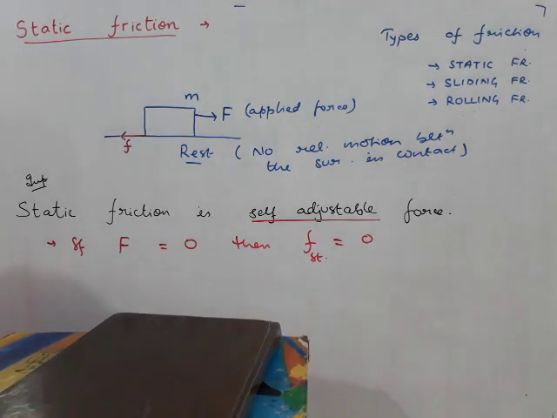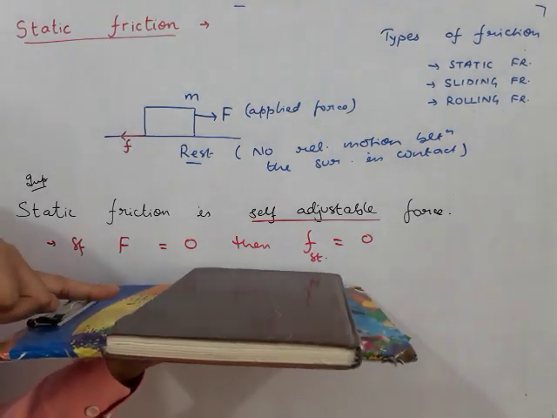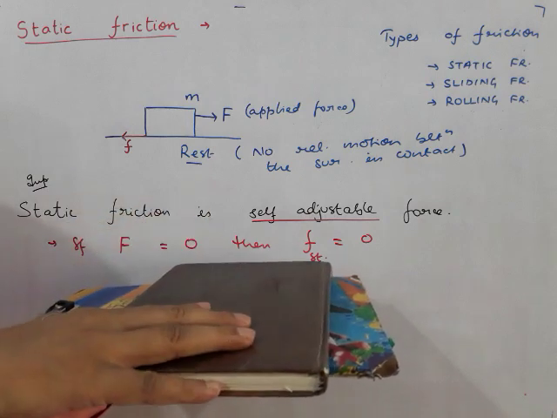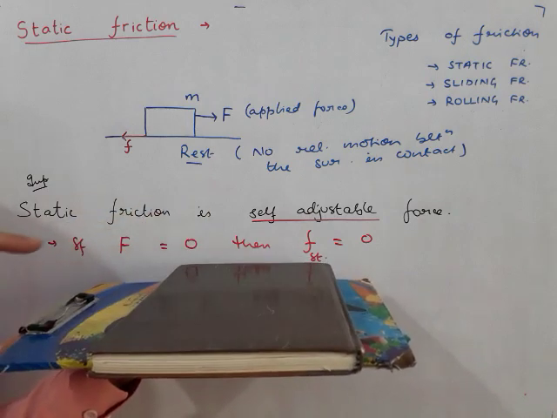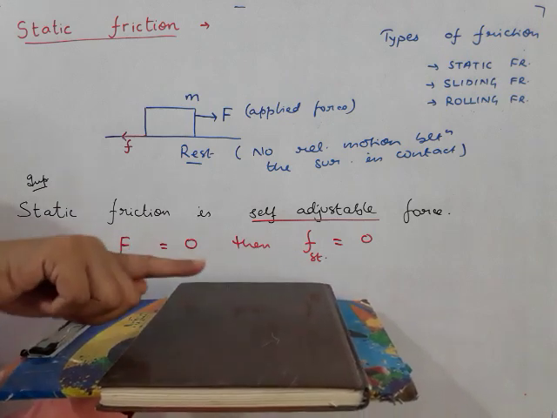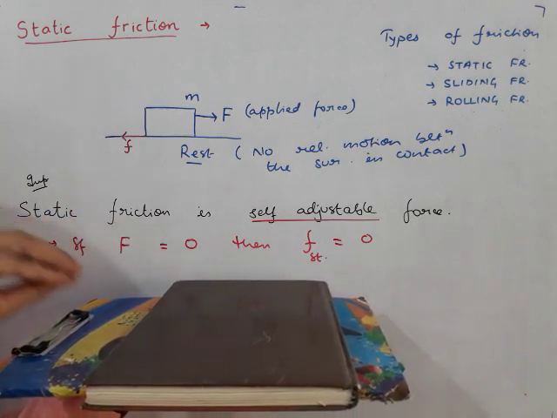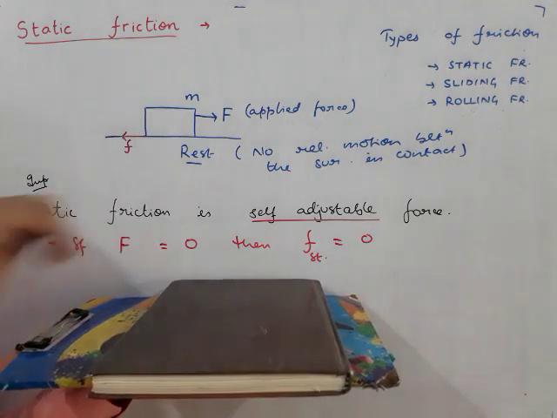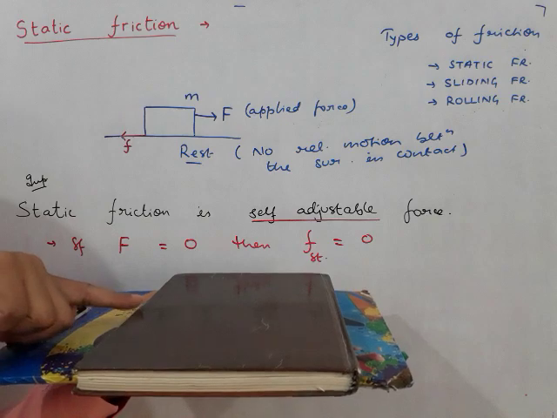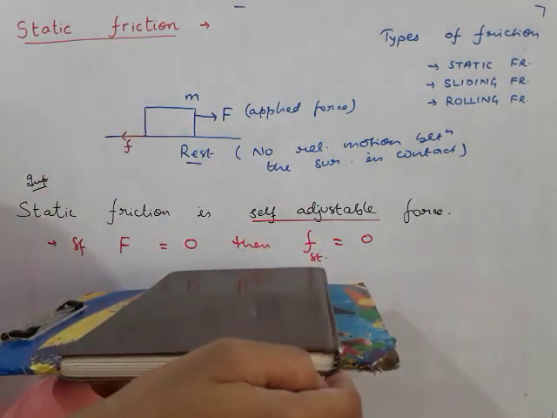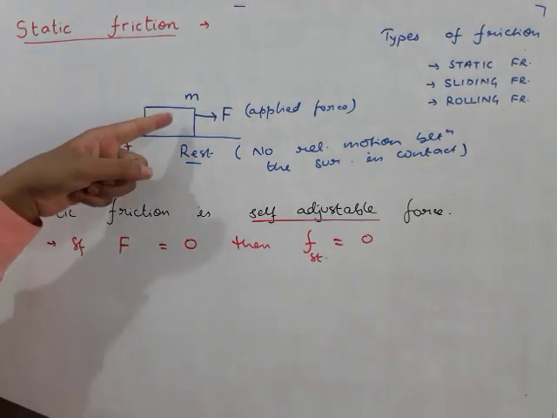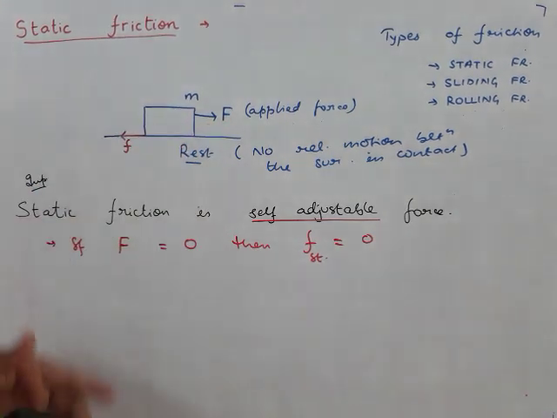Now suppose I apply a very small amount of force in that direction, such that the object should not move, like this. So suppose there is a table that you are pushing towards right, but with a small force, such that the table does not move. We say this is the direction of applied force towards right, there must be static friction acting towards left, just like this, and they will balance each other.